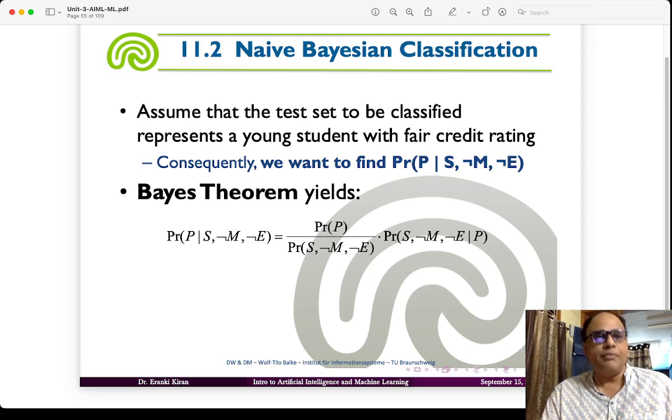So what is the probability of occurrence? A test set can be classified, which represents a young student with fair credit rating.